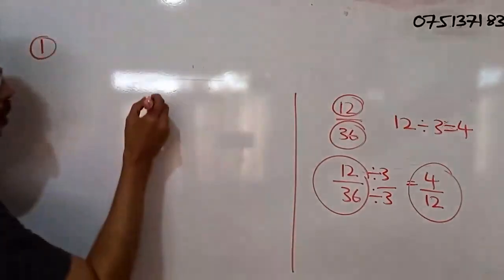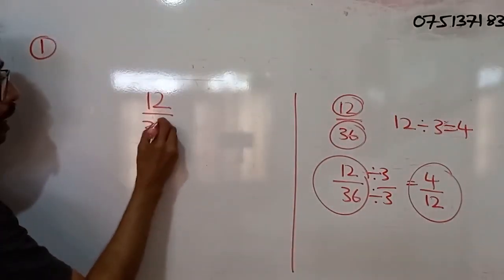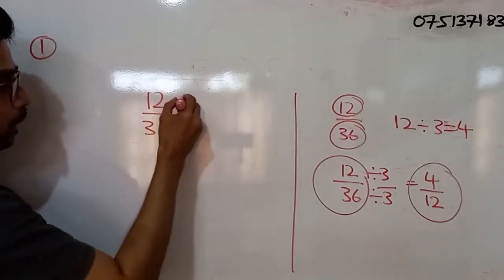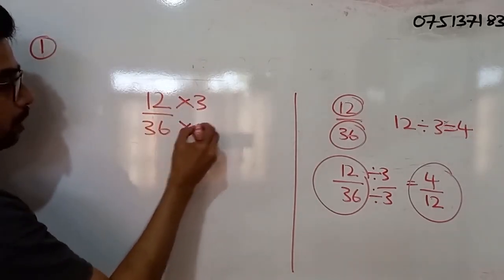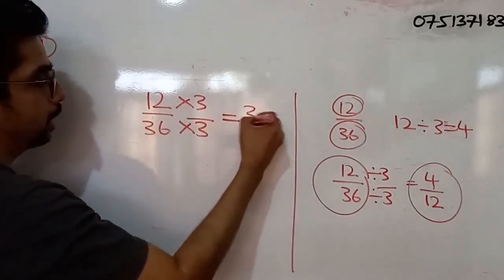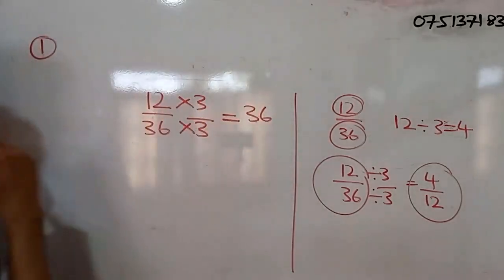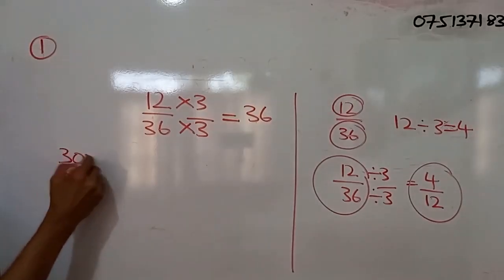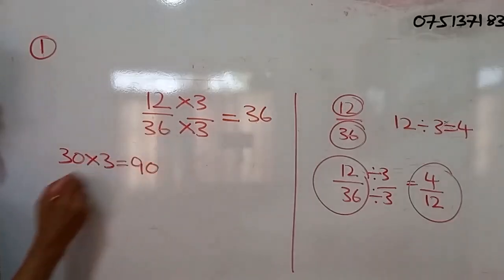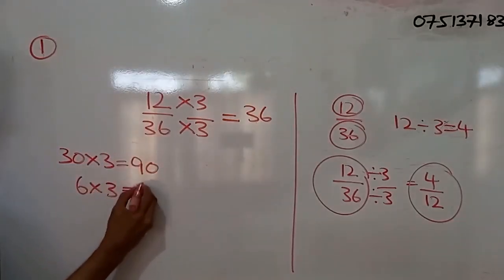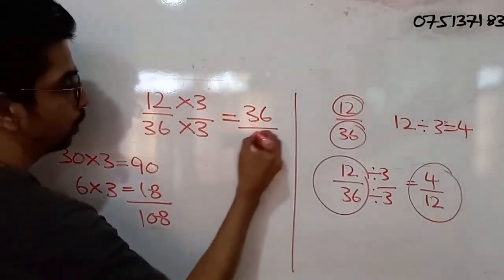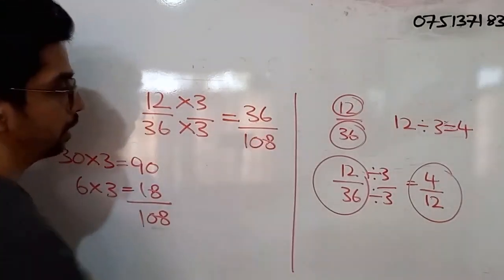Same thing, I'm going to take the same fraction 12 by 36. Now I'm going to multiply the numerator by 3 and the denominator by 3. So 12 times 3 is 36. 36 times 3: 30 times 3 is 90, 6 times 3 is 18, so when we add these together we get 108. So 36 by 108.